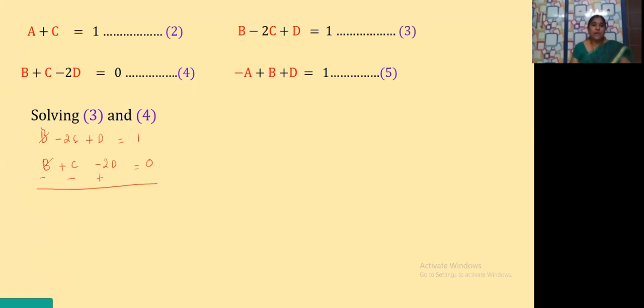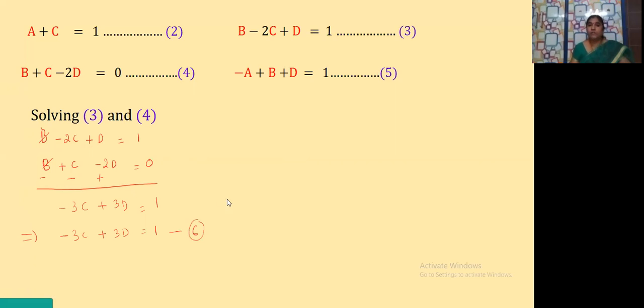What is left here? Minus 2c minus c is how much? Minus 3c. Here plus 2d plus d is how much? Plus 3d is equal to 1 plus 0 is how much? 1. Okay. Now what is the equation we got now? Minus 3c plus 3d is equal to 1, which is equation number 6.